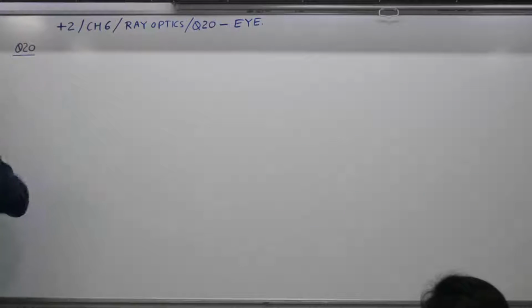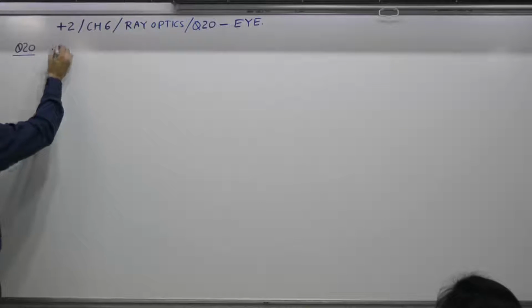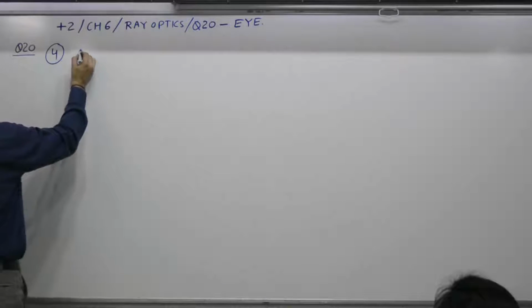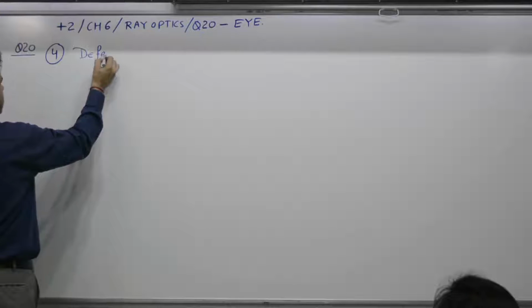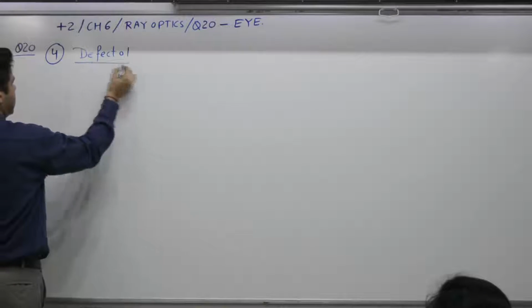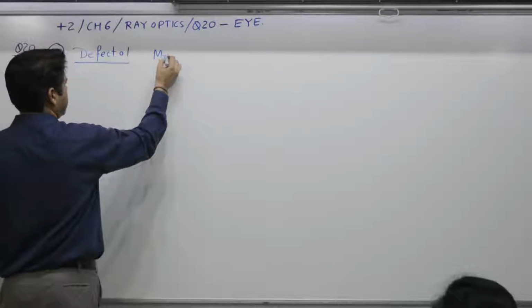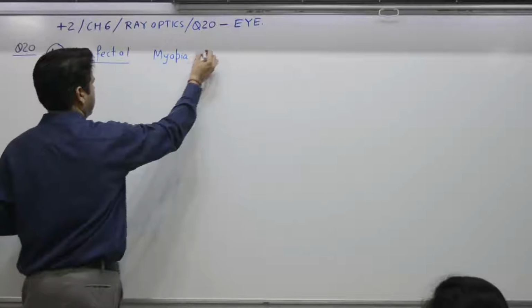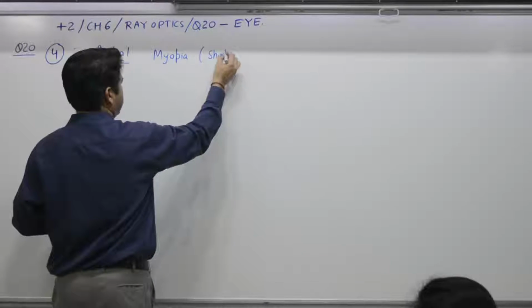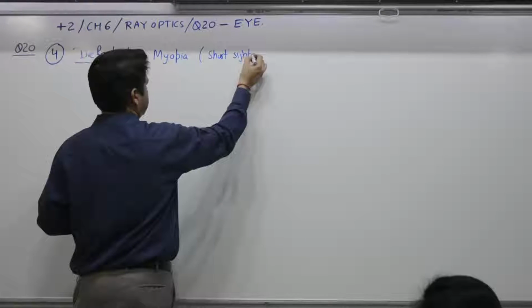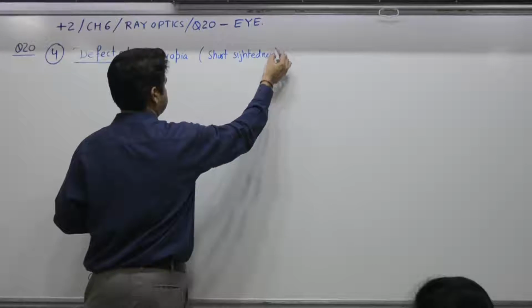Point number 4. It is the first defect, myopia, short sightedness.